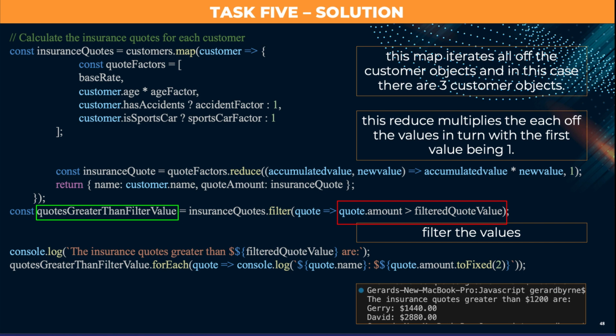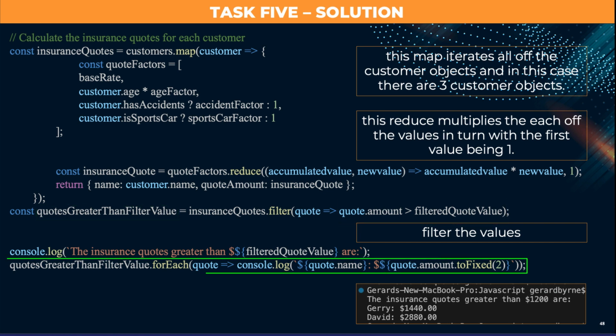And then what we do is we simply are going to print out the values. So we're going to do for each quote, we will print out the quote name and we will put it to 2 decimal places. Now you don't have to use the forEach, I've just chosen to use the forEach again to go back over what we had done before.